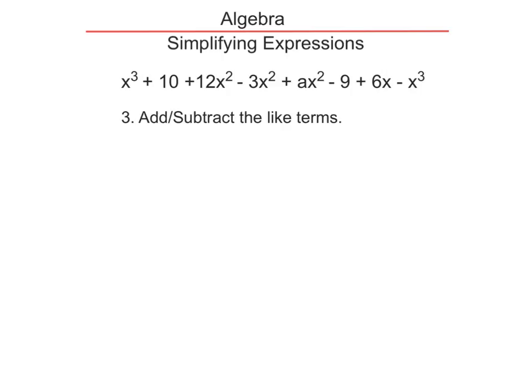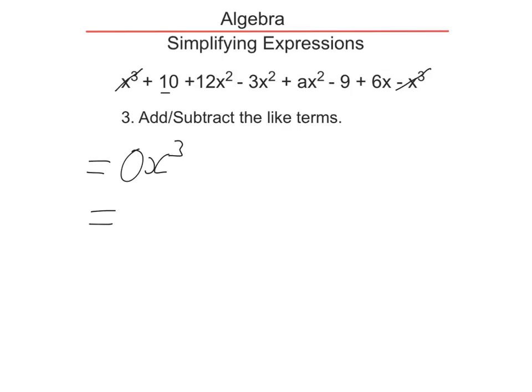So let's add and subtract the like terms. The way to do that is just to start at the front of the expression and look for ones that are the same and cross them off as you go. Now there's an x cubed here and a negative x cubed there, so they actually end up being nothing. So there are no x cubes. I could write it like that, or I could just leave it out.